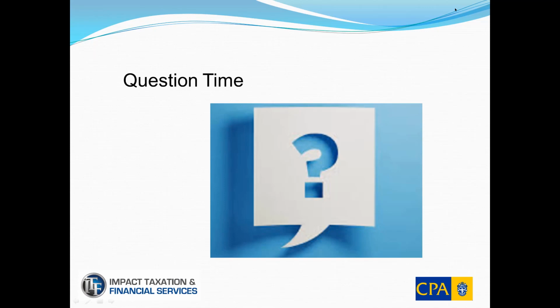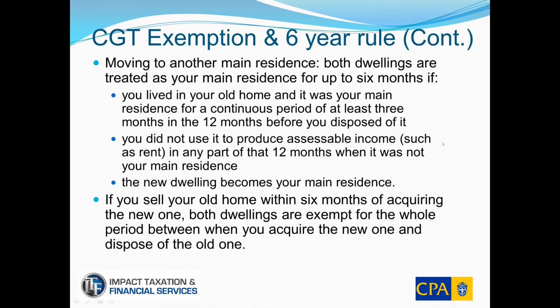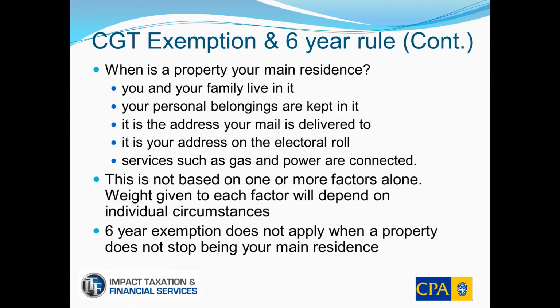Okay, so did you earn rental income for any part? Yes. Oh, you did. Okay, so then in that case, when we look at the main residence, let's go back to that slide. When is a property your main residence? When you're changing from one property to the other, did you change your address?